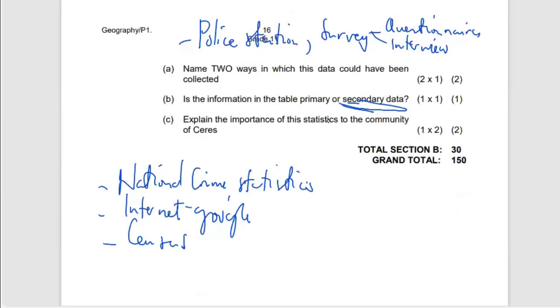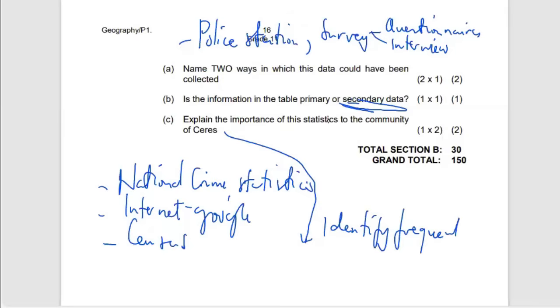Explain the importance of these statistics to the community. How is it important for the community to know about the statistics of crime in the area? It can assist the community in identifying the frequency of crime.